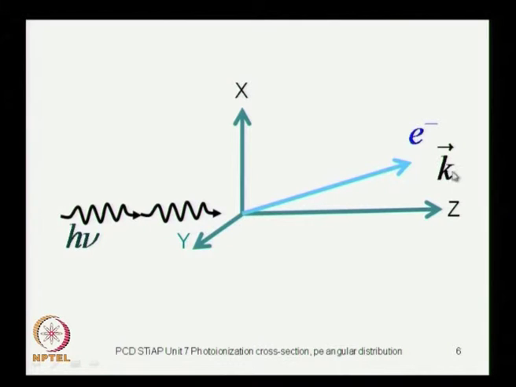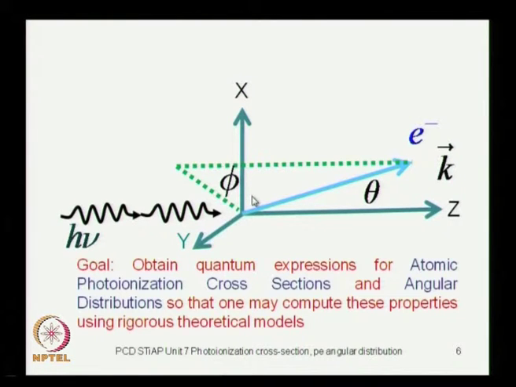The exit channel is unique in the photoionization experiment, as we know. So, this is the direction, let us say it goes out in the direction with a wave vector k, and this is the direction of ejection, and with reference to the polar axis z, this angle is theta. Then there is an azimuthal angle phi with respect to the x axis, and we choose the x axis to be the direction of polarization of the electric intensity.